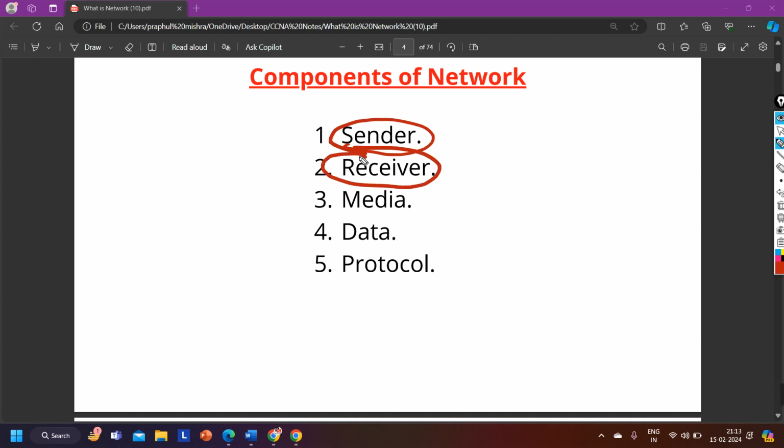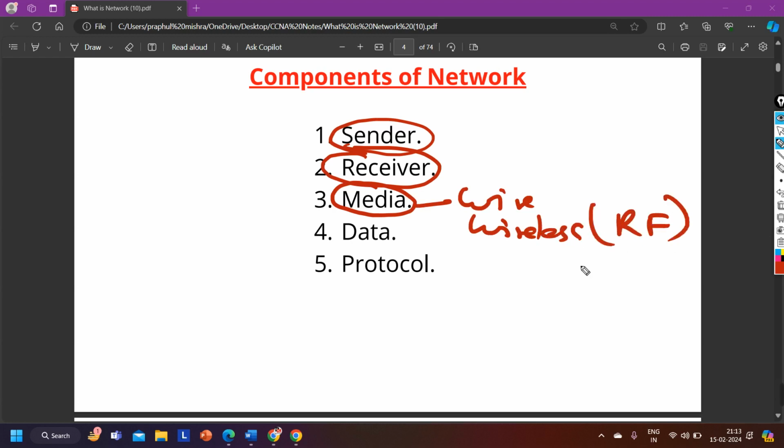There should be one receiver, the device who is going to receive the data. Then there should be a media between sender and receiver which will carry the data. And media can be wire or it can be wireless. In wireless, it can be what? Radio frequency, RF.